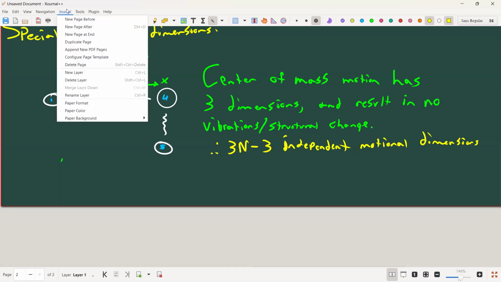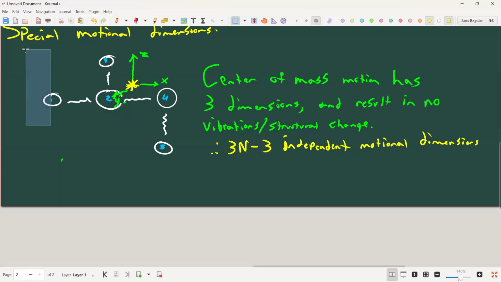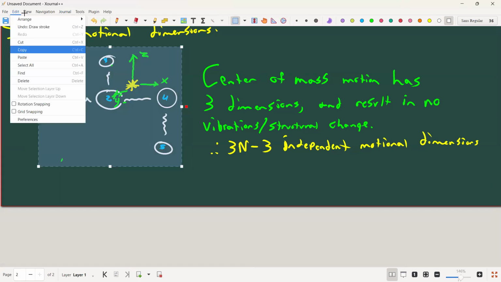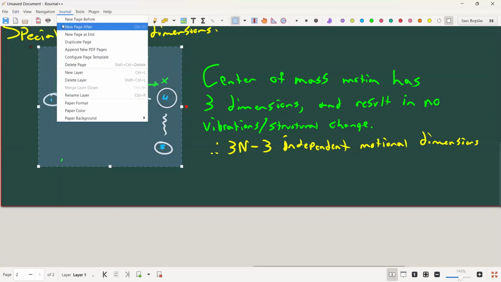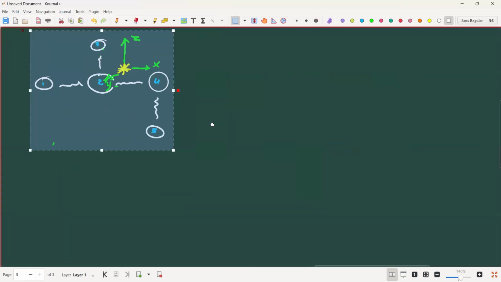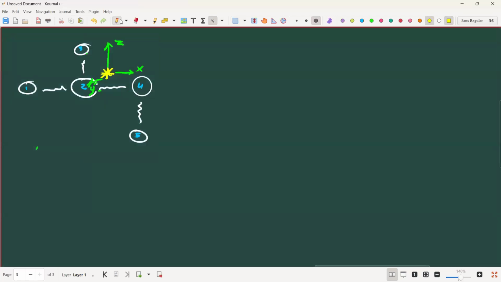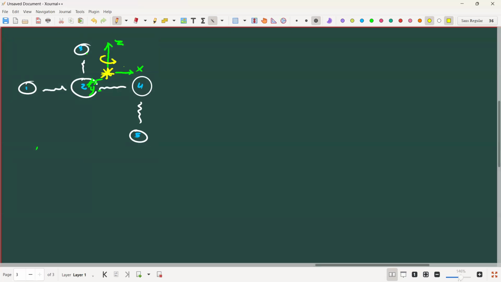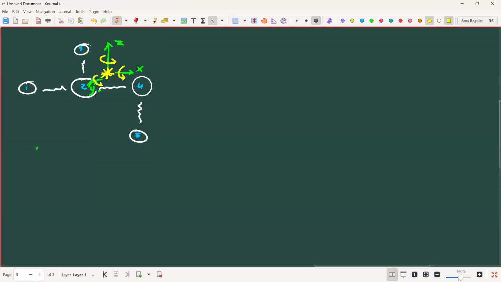So there are 3 new ones, another 3 that also don't involve a vibration. Those 3 are rotations around the axes.